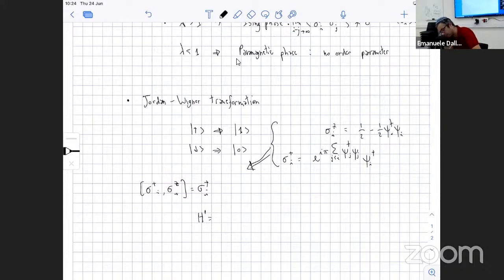Let's call it H prime. H prime is the sum over i of sigma z i minus lambda sigma x i sigma x i plus 1.